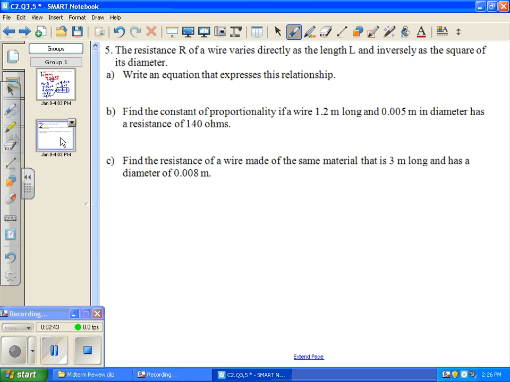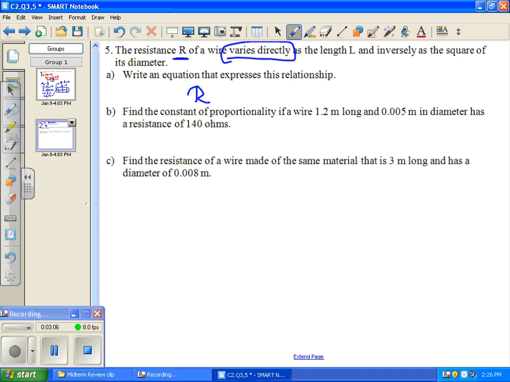In number 5, the resistance R of a wire varies directly as the length L and inversely as the square of its diameter. Write an expression that expresses this relationship. We have to look for some keywords. Resistance R varies directly, so this is a big clue right there.